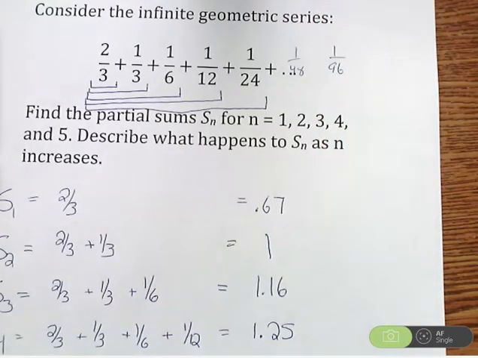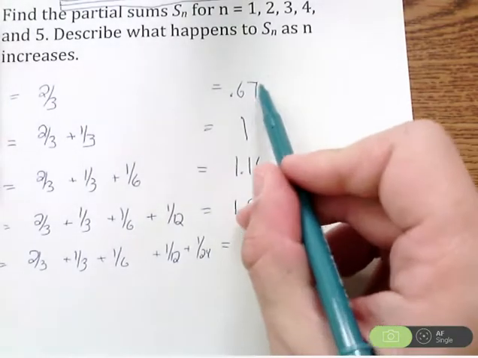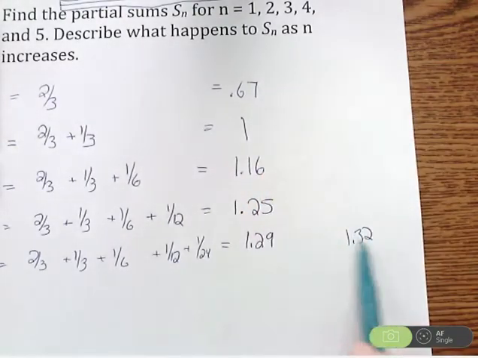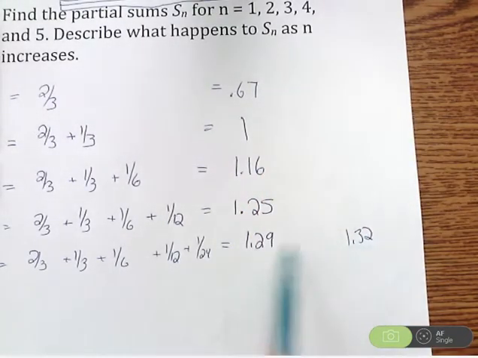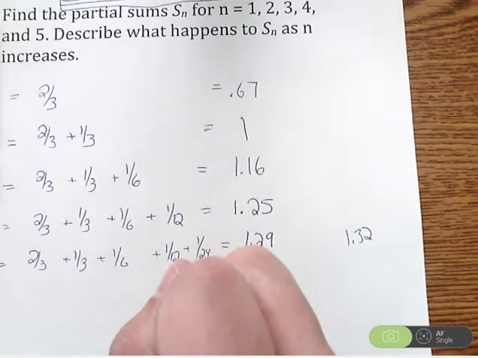So if you really wanted to continue that out, you could. And if you added those two terms in, we're going to get close to 1.32. So this is going up, and it's going to start approaching this 1.3, 1.32 number. If you had somewhere around there, that would be correct.